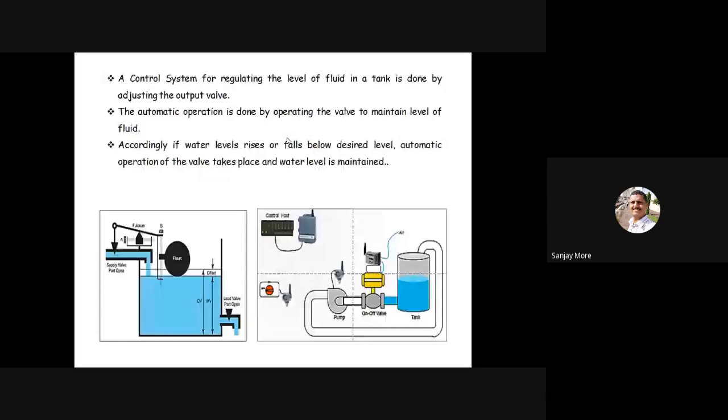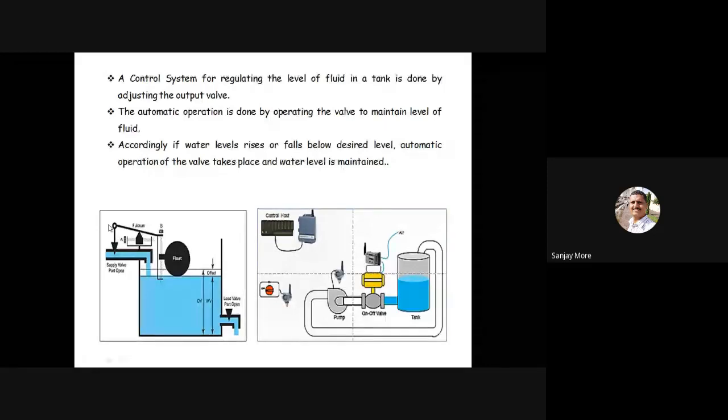Okay. Here is the description: a control system for regulating the level of fluid in a tank is done by adjusting the output valve. The automatic operation is done by operating the valve to maintain the fluid level.